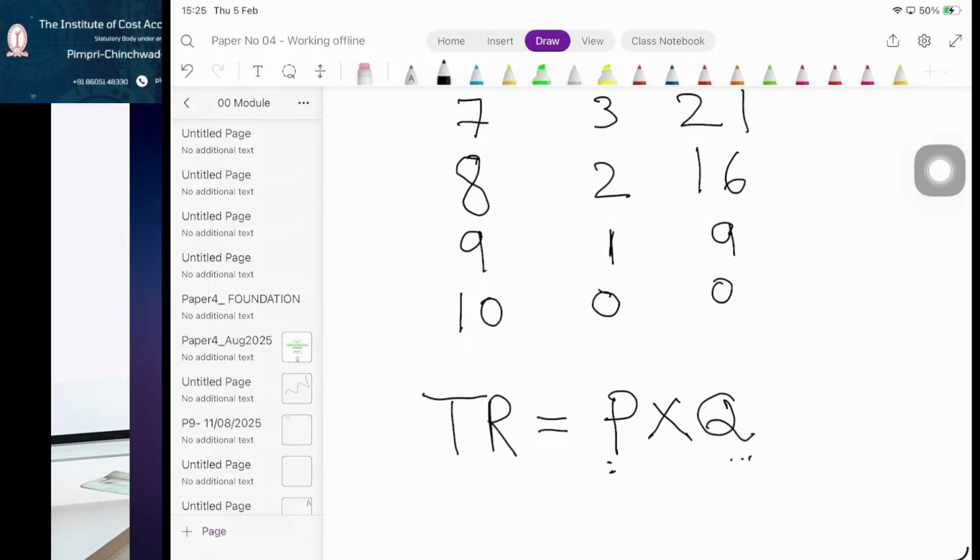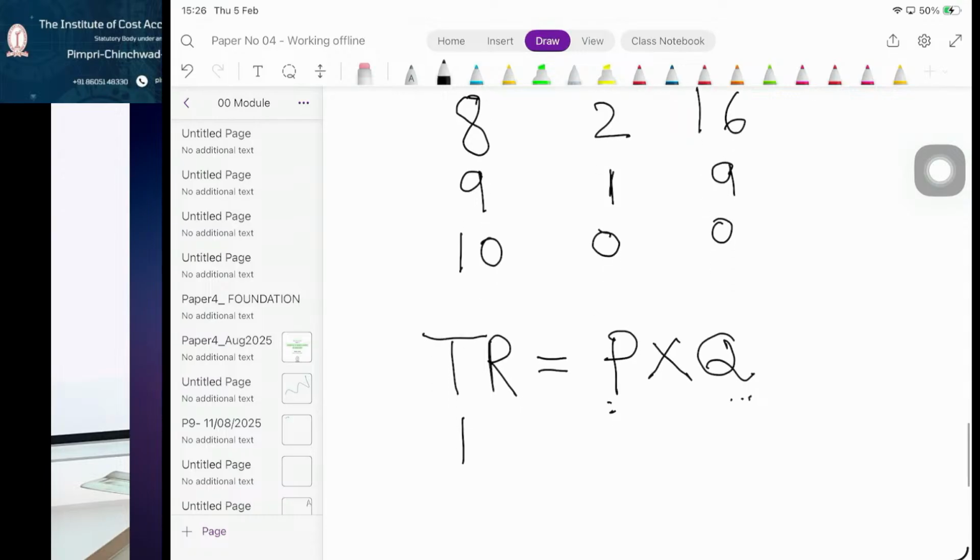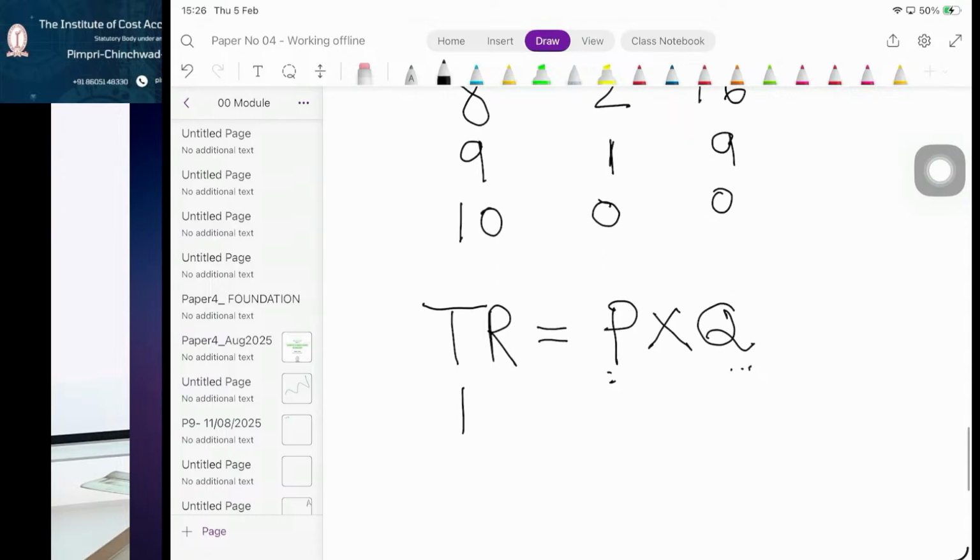Got it? What is the price and what is the quantity? Good, good. Thanks. Let us write a very, very important idea. First let me define this. Write down this very important idea, marginal revenue.